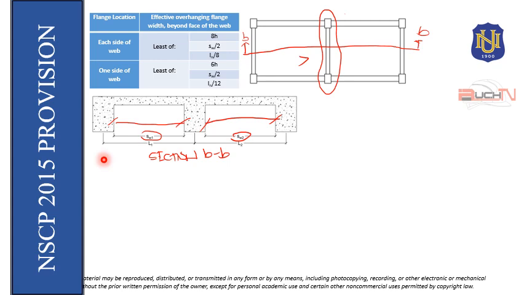So, syempre nga naman, kapag naggagawa tayo ng floor plan, laging ang given distance is center to center of supports. So, kaya meron ka dong L sub 1 tsaka L sub 2 sa ilalim. So, ibig sabihin, para makuha natin yung clear distance to the next web, let's say, yung width nito will be BW sub 1.